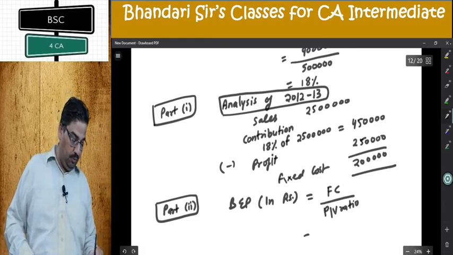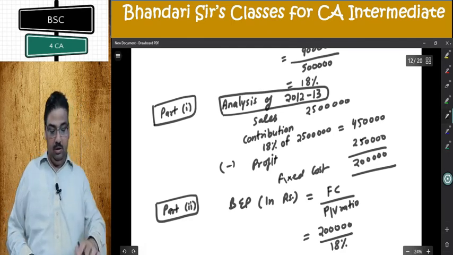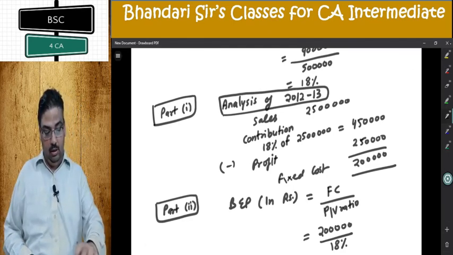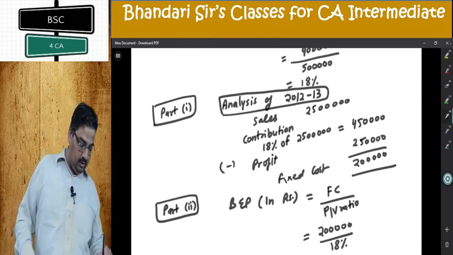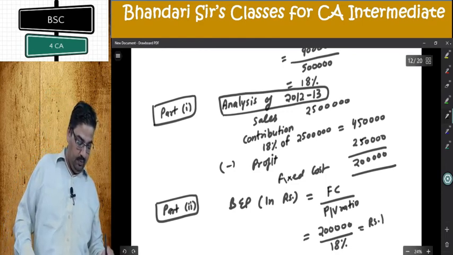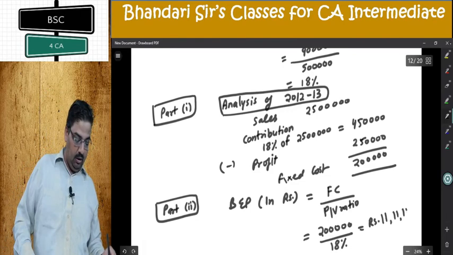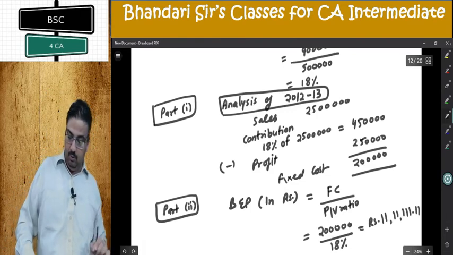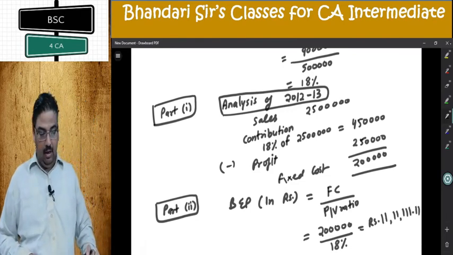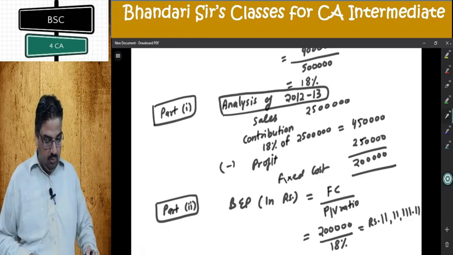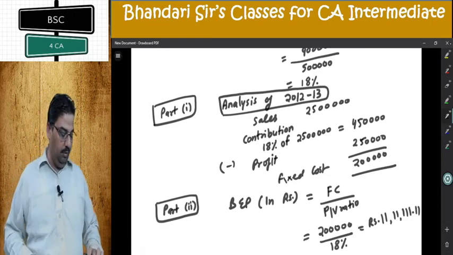We computed both of them. 2 lakh divided by 18% or 0.18 we can call it. What I am getting is rupees 11,11,111.11.